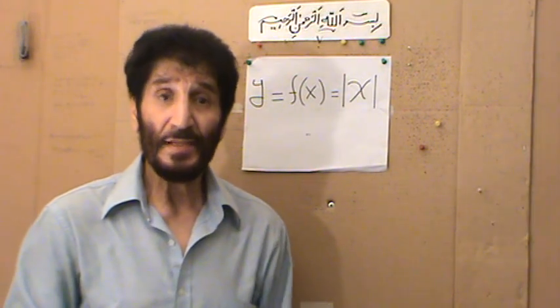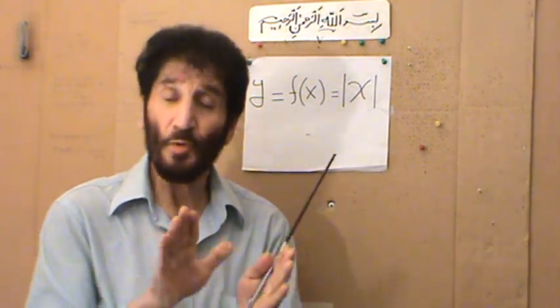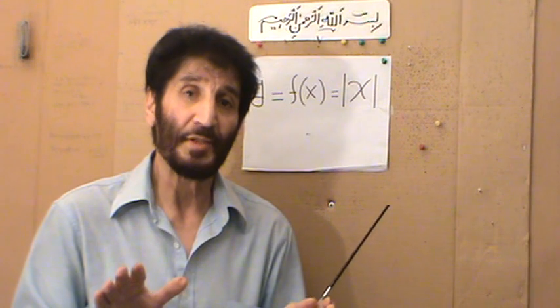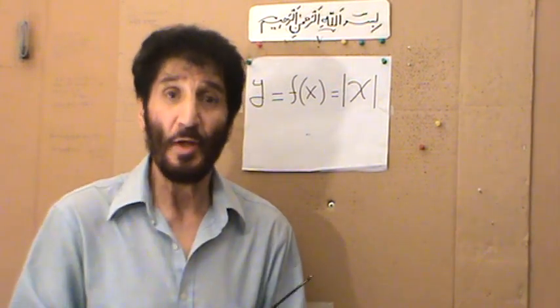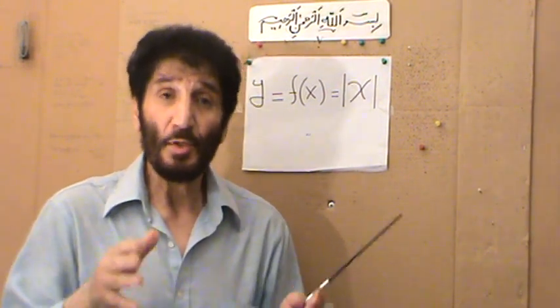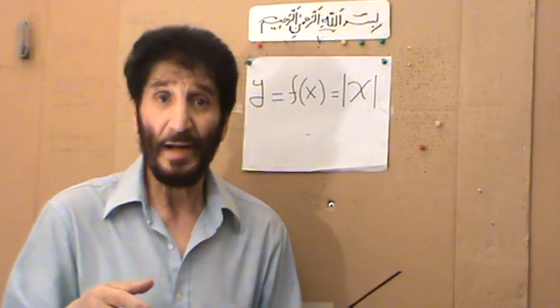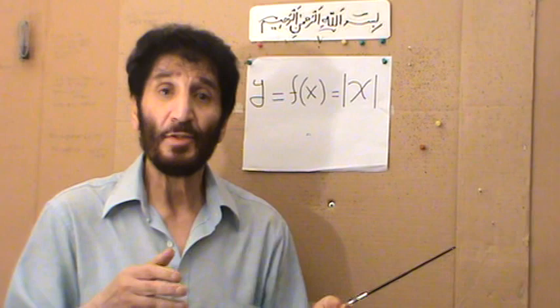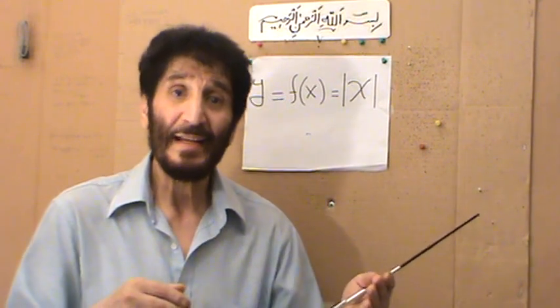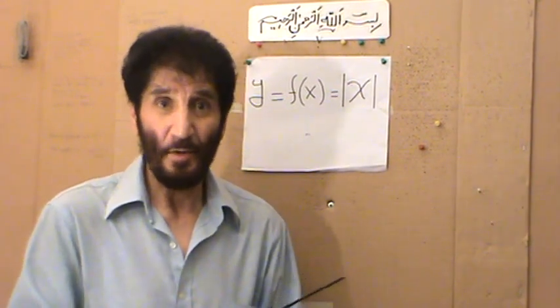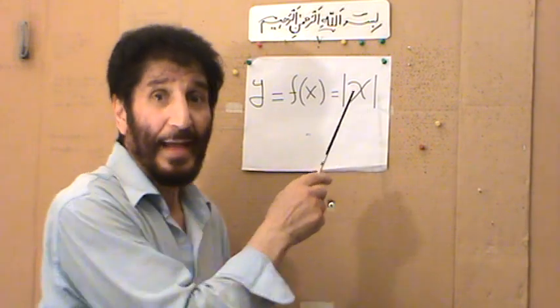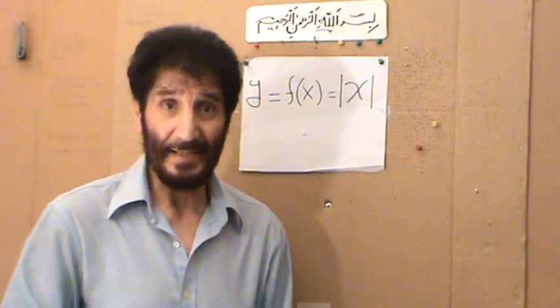That means we are expecting, though we don't know the shape of the absolute value function yet, that the sketch of the graph will land in the first and second quadrants, according to the domain, and does not go below the x-axis.